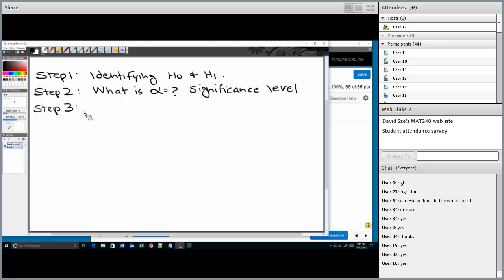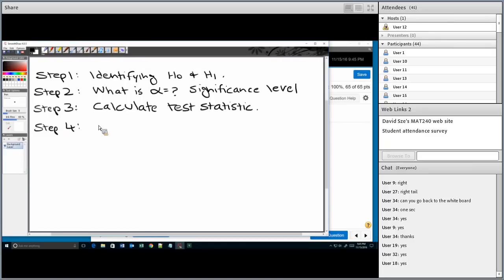Step 3, we will calculate what we call a test statistic. This test statistic will help us either reject or not reject the null hypothesis. So again, we will find out what this is.